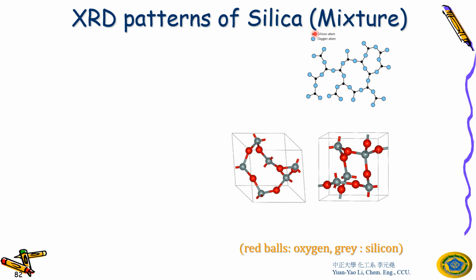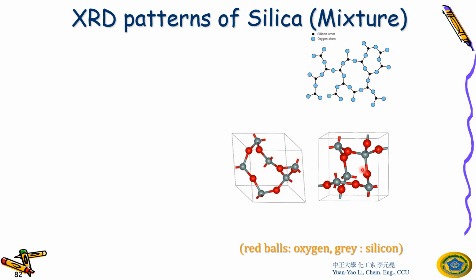Do you know what silica is? Silica is SiO2. If this is amorphous silica, we regard amorphous silica as a glass body, right? If this is crystal silica, we regard the silica as a single crystal, which is 石英, right? So this is amorphous silica, SiO2.